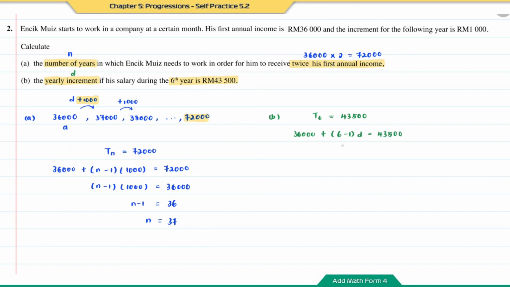So we have 5d equals 43,500 minus 36,000, which is equal to 7,500. So d equals 7,500 divided by 5, which is equal to 1,500. So the yearly increment for question B is RM1,500.